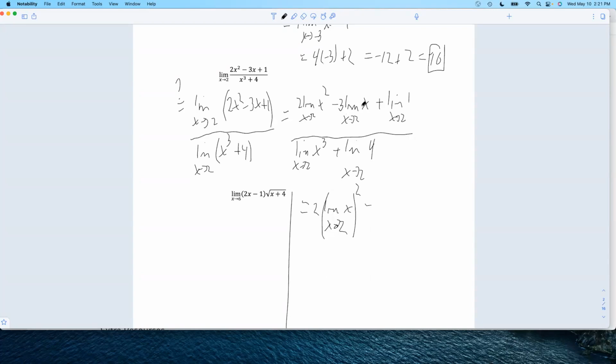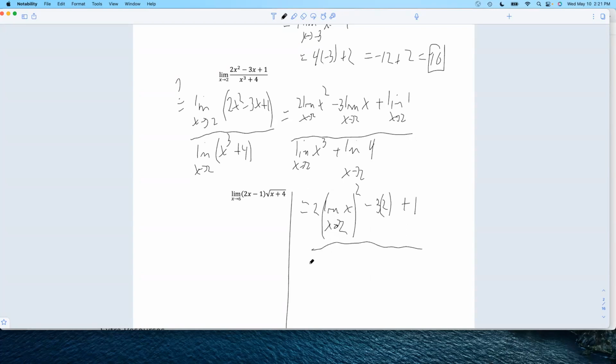This one we can go ahead and do. What is the limit as x approaches 2 of x? That's just 2. The limit as x approaches 2 of 1, the limit of a constant is just that number.